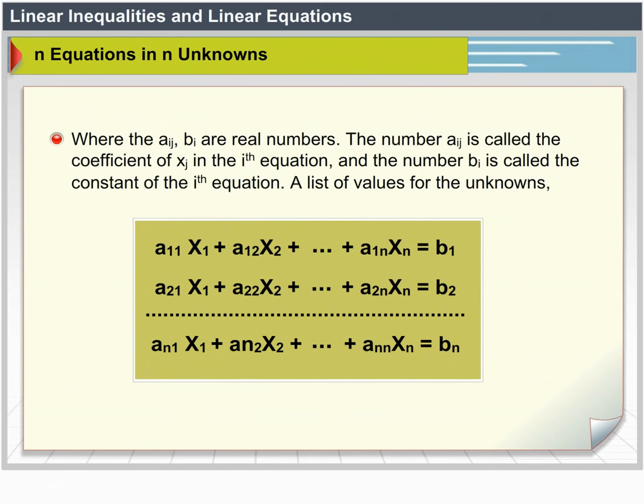numbers. The number aij is called the coefficient of xj in the ith equation, and the number bi is called the constant of the ith equation.